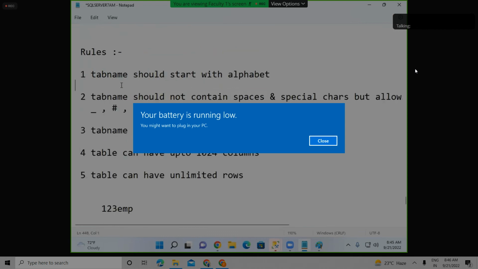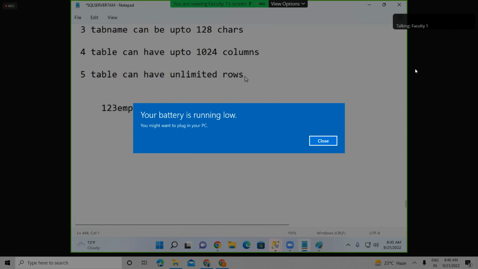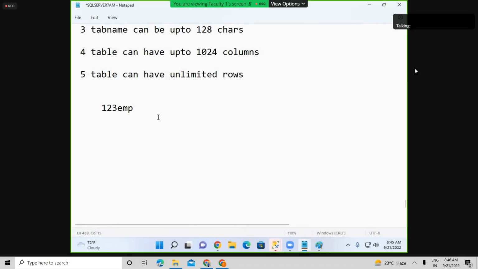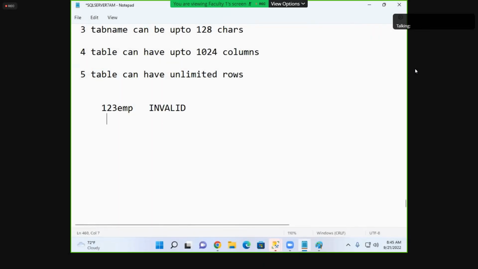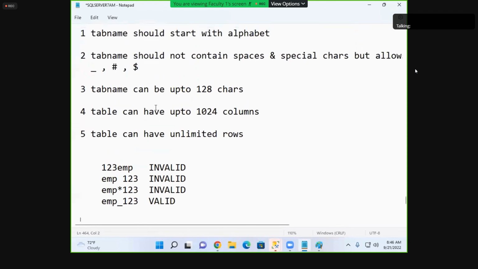Invalid, because there is a rule: it should start with an alphabet, but it is starting with a digit. Table name EMP space 123 is invalid. Table name EMP star 123 is invalid. Table name EMP underscore 123 is valid. Underscore is allowed. These three characters are allowed.